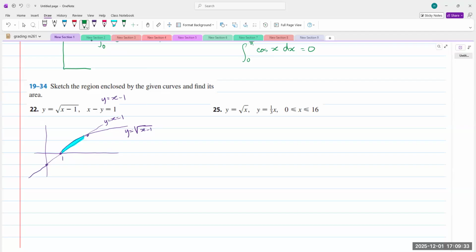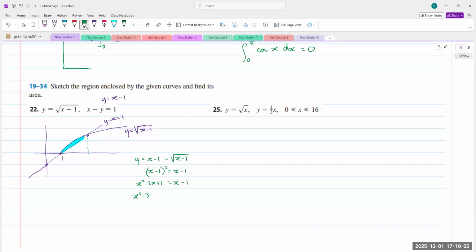Okay, I will need to find where they intersect. Well, now we know that y equals x minus 1, but y also equals square root of x minus 1. So when I square both sides, I get (x minus 1) squared equals x minus 1, x squared minus 2x plus 1 equals x minus 1.